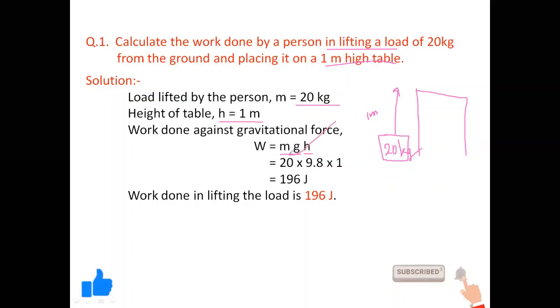So on calculating this, mass of the load is 20 kg, value of g 9.8 and height of the table is 1 meter. On calculating this we get 196 joule. So the work done in lifting the load is 196 joule.